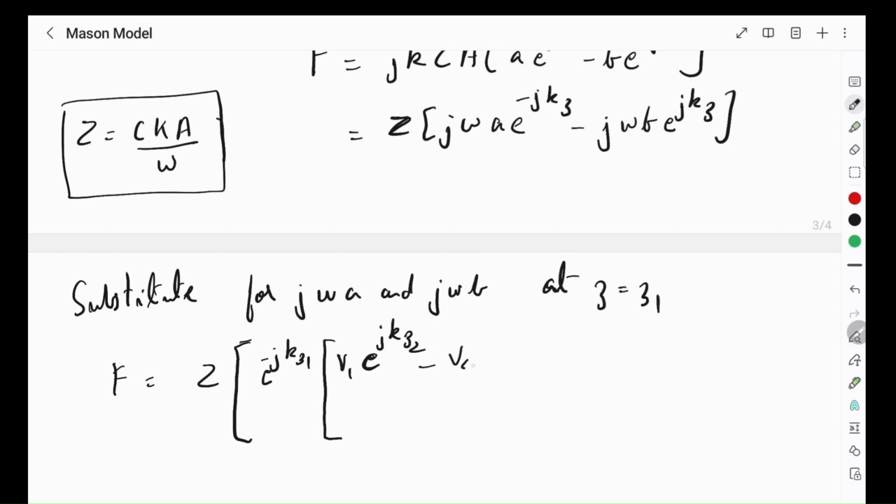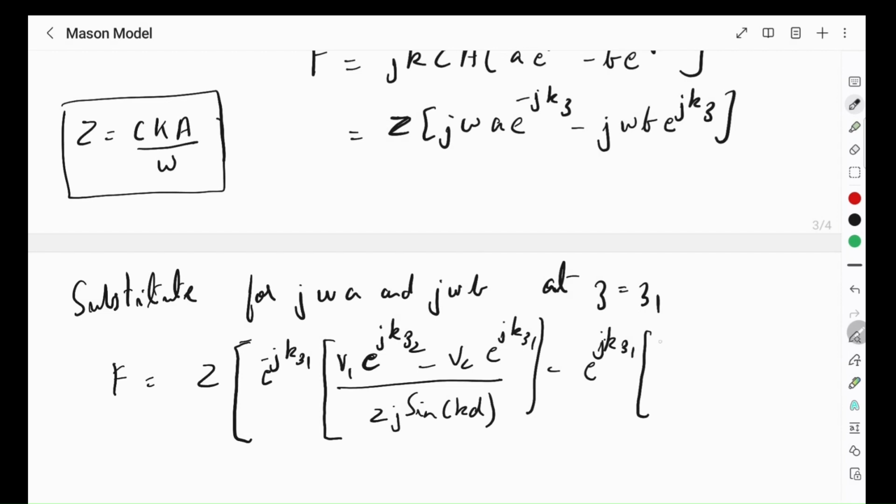So now we are substituting it back here, e^(jkz1) divided by 2j sin kd minus e^(jkz1), v2 e^(-jkz1) minus v1 e^(-jkz2), no sorry, z1, divided by 2j sin kd.